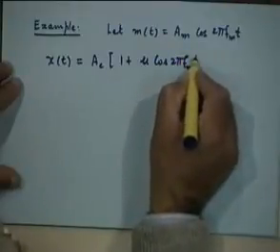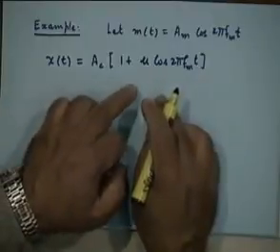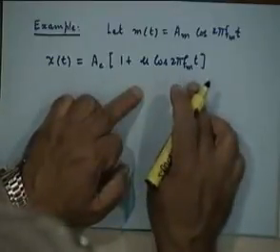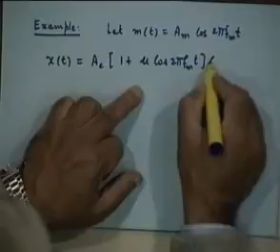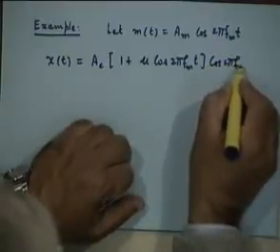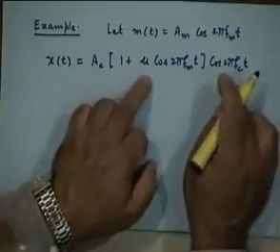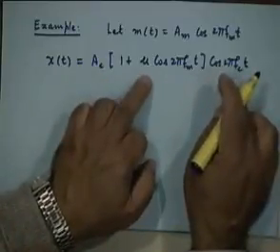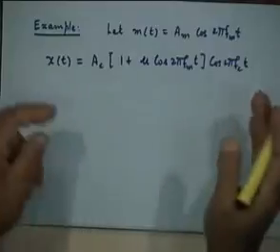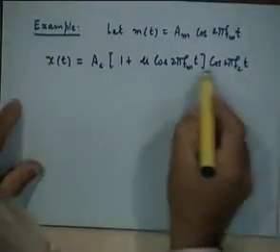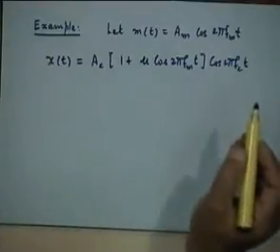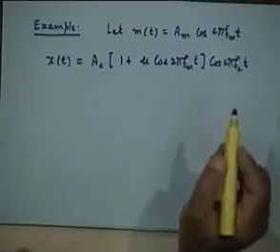Something like this, right? 1 plus mu times the message waveform m of t, into the carrier, right? So the first term is the carrier component, the second term is the DSB-SC kind of component.